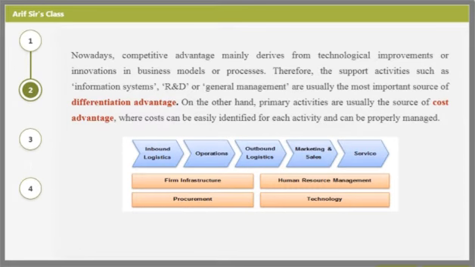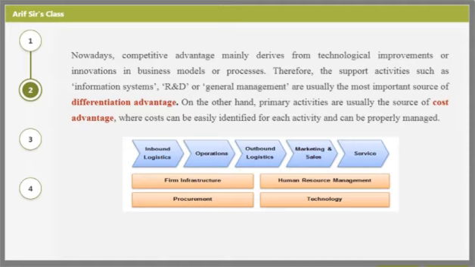Nowadays, we see that the firm's competitive advantage mainly derives from its technological improvements or innovations in its business models or processes. Therefore, support activities such as information systems, research and development, or general management are usually the most important sources of product differentiation, in other words, the most important source of differentiation advantage.